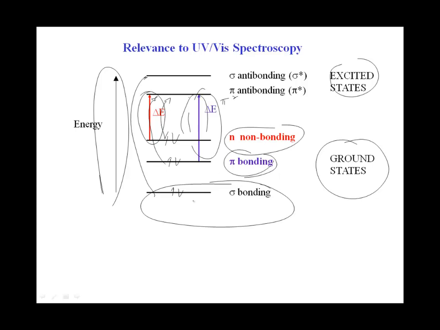But UV visible light is not able to excite these transitions. So when you're talking about UV visible transitions of organic or biochemical molecules, you're usually talking about two types: non-bonding to pi star, or pi to pi star transitions.